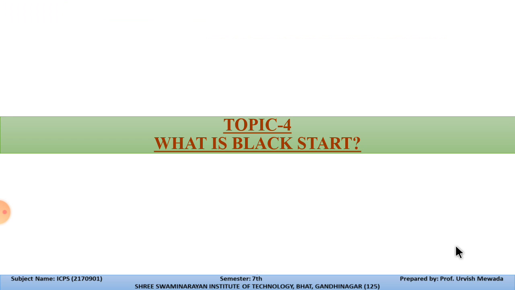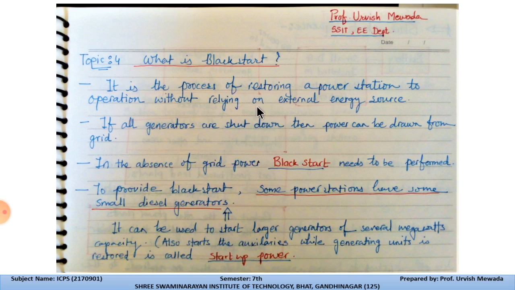Now if the cascade tripping occurs, and your system becomes islanded, then we need to restore that system, and it is called the black start. So what is black start? Basically it is the restoration process of a power station.